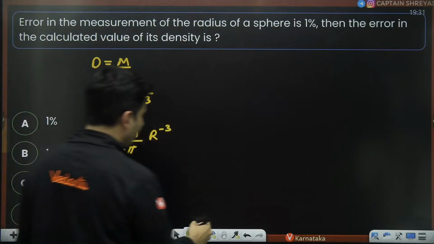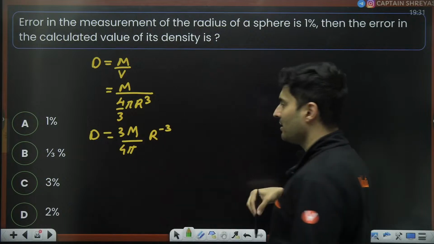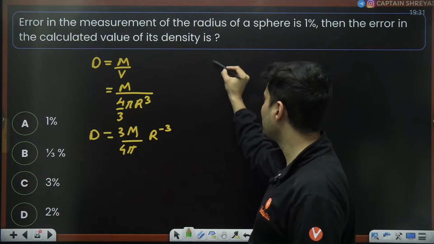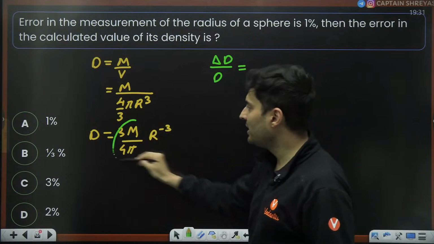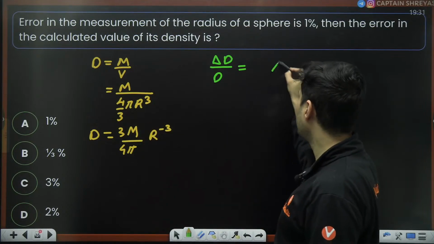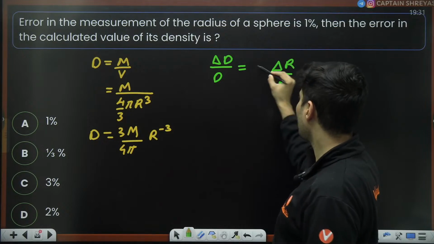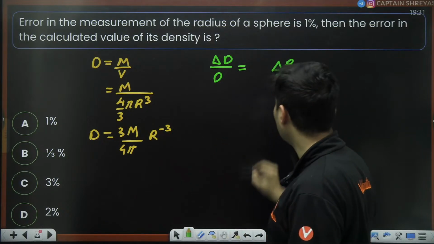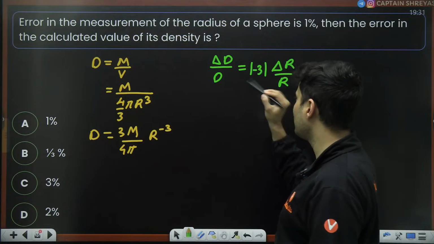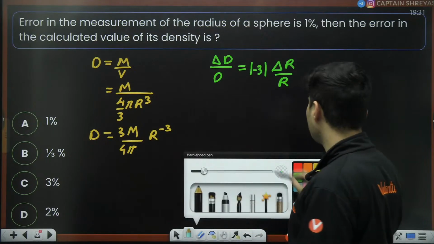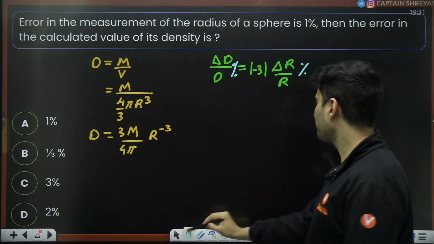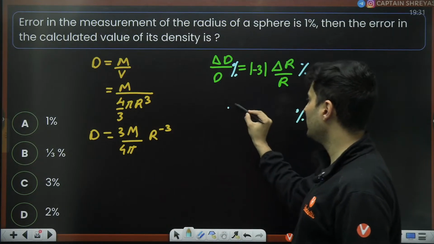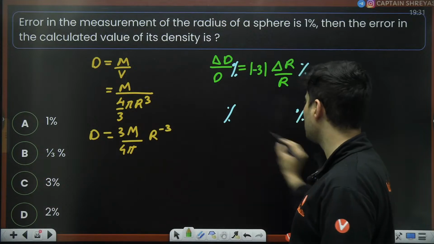This is density. Whenever you have to find percentage error or relative error, use the error concept. So relative error in density will be, all these are the same, so don't worry about it, relative error in R, but with the power's mod value. So negative 3 is always taken as mod value. If you measure this side in percentage, this side is also going to be in percentage.